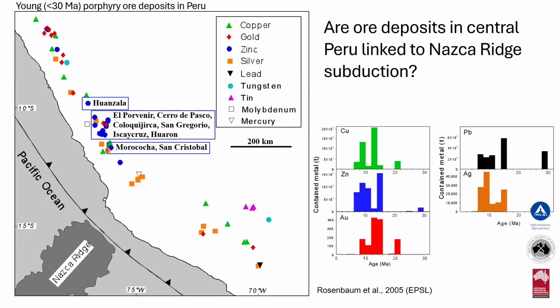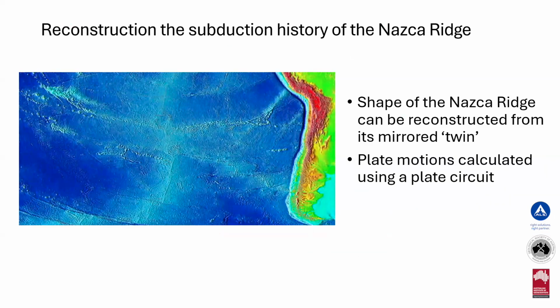And what I basically try to do is to integrate that in a reconstruction and see whether the ridge itself plays a role in mineralization. And to do that, I looked at the Nazca Ridge here and compared it to what we see on the other side of the East Pacific Rise.